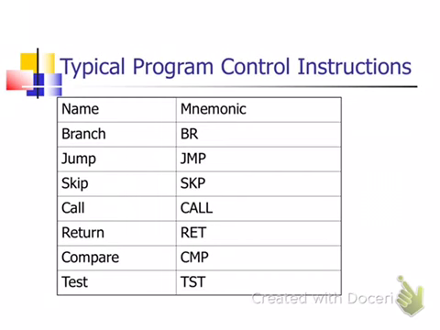When you call a function, you have to jump to the location where the code for that function is. Return is returning from a function. Then we have two more instructions, compare and test. These are used in conjunction with branch, jump, and so on in order to have your program control instructions.